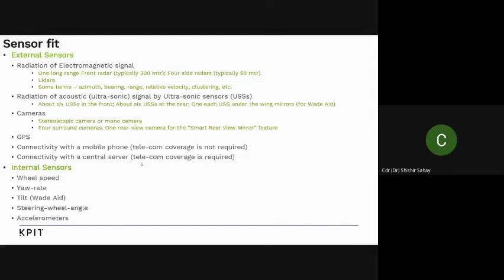You have external sensors which depend upon emission of electromagnetic signals, sensors which depend upon radiation of acoustic signals, cameras, GPS, connectivity with the mobile phone or with the central server, and internal sensors. So I'll pause for about 30 seconds for the audience to soak up this information.